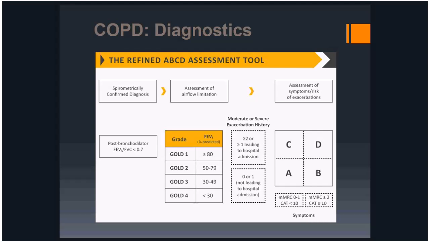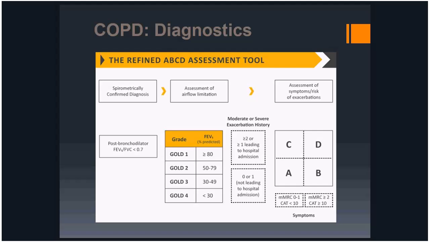Now, how do we diagnose COPD? There is an assessment tool that is used in diagnosis. So one, we have to use spirometry to confirm the COPD diagnosis, and they have to have the post-bronchodilator FEV1 FVC ratio of less than 0.7.